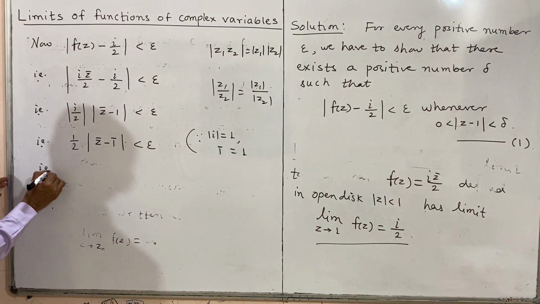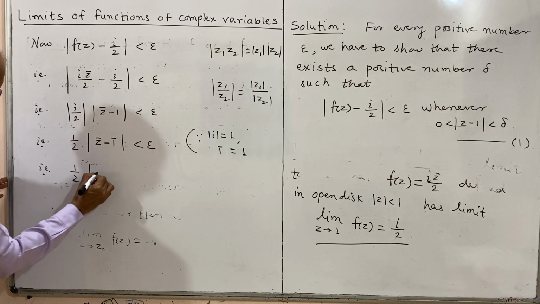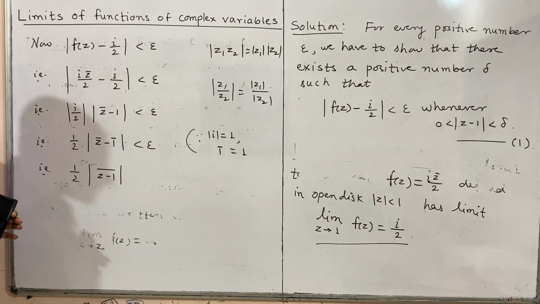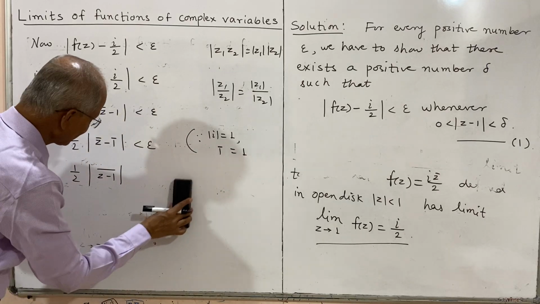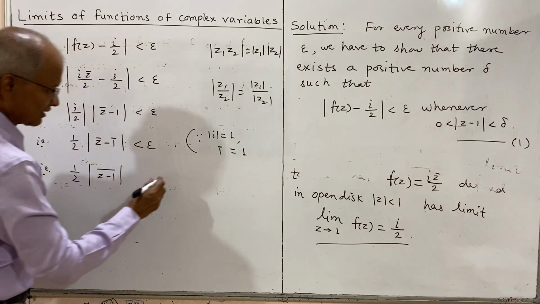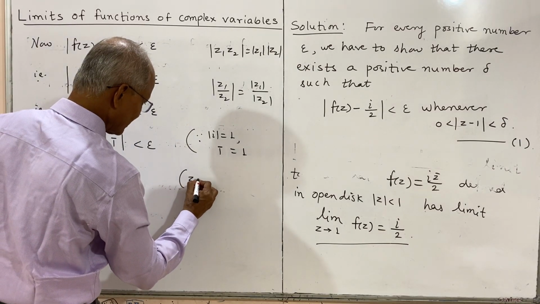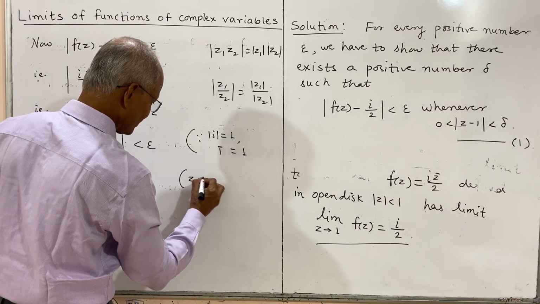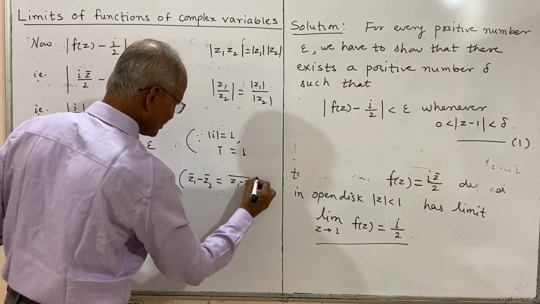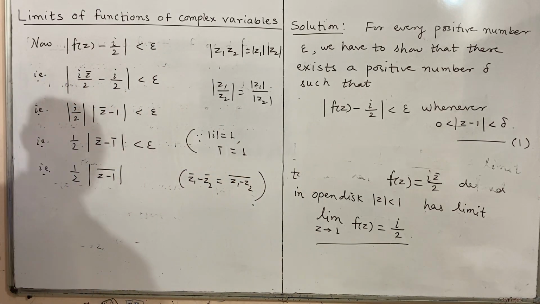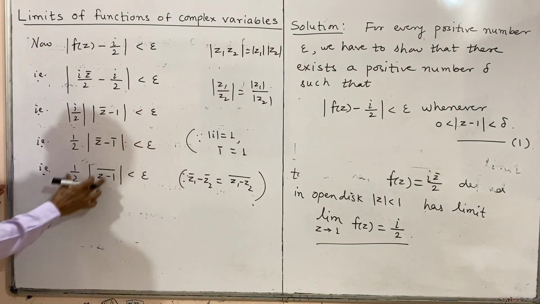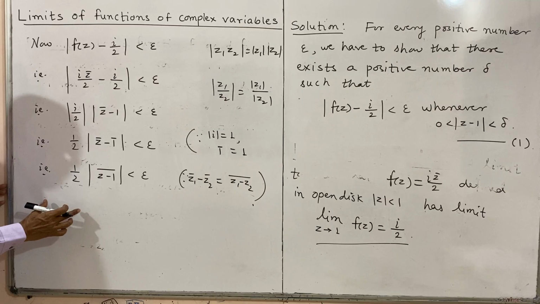Again, that is 1/2, and this can be written as conjugate of z minus 1, that is again conjugate of (z − 1), since the conjugate of z1 minus z2 is equal to conjugate of z1 minus conjugate of z2, and this is less than epsilon. These are the reasons for these left side steps.